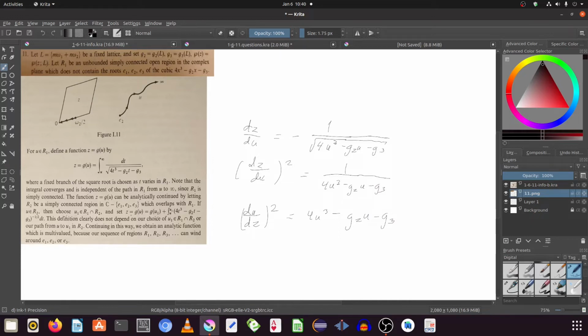And we have z equal, when we take it at u1, now what is g of u1?